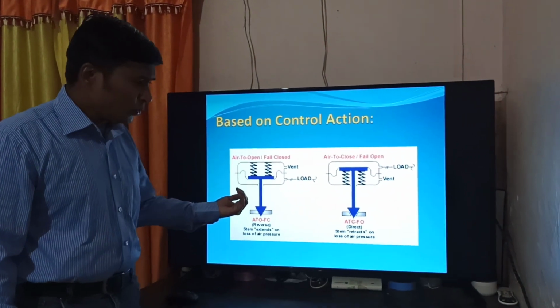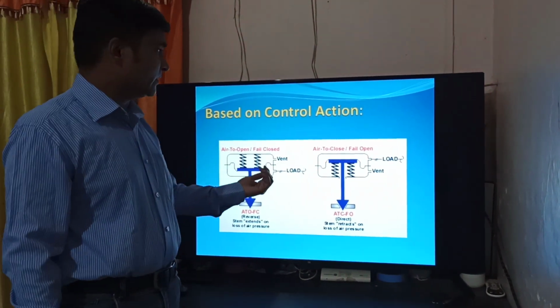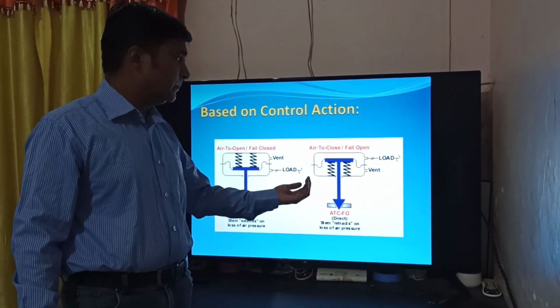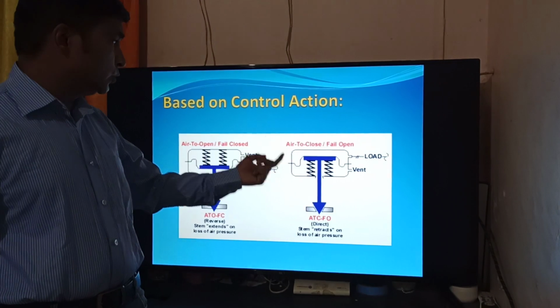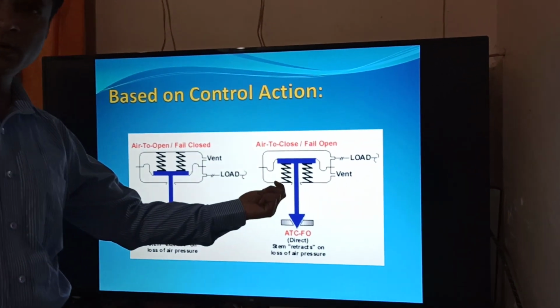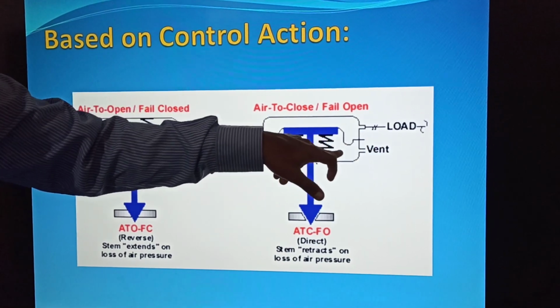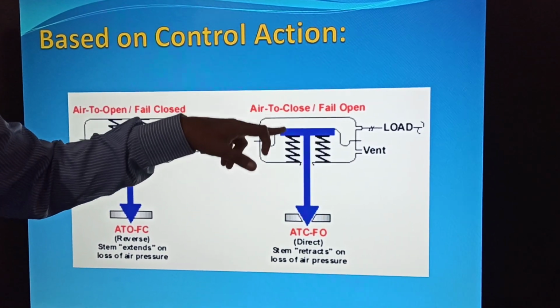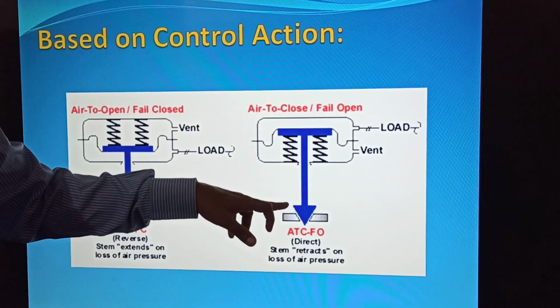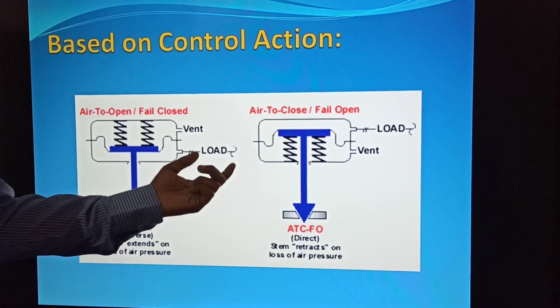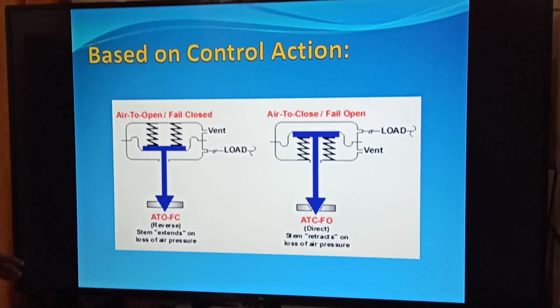Simultaneously, for the same exothermic reaction, the coolant is required. Therefore, if we use an air to close type of control valve for coolant, then as the air is blocked, the valve will be at open position. So depending upon the application, this type of valves are used.